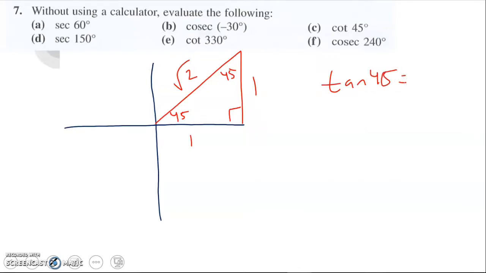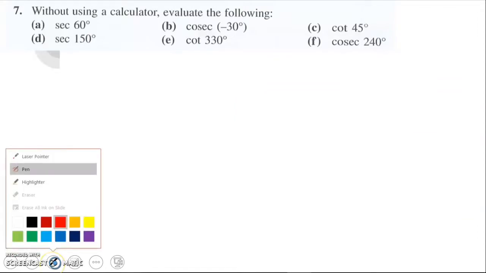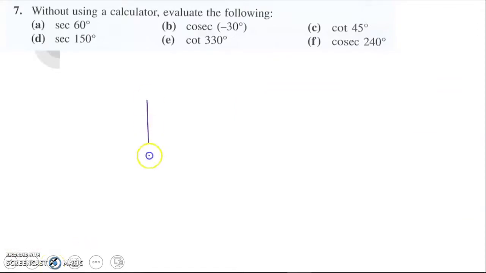Tangent of 45, that's going to be O over A, which is 1 over 1. So cotangent is just the inverse, which is simply 1. Okay, so it's the same thing. Let us go ahead and finalize this. I'm going to do letter D, and then you can look up E and F on your key.